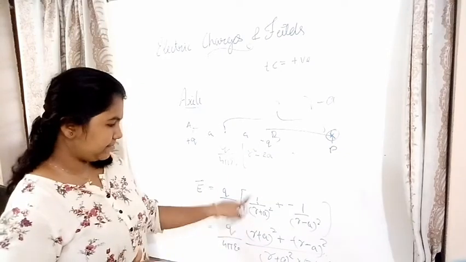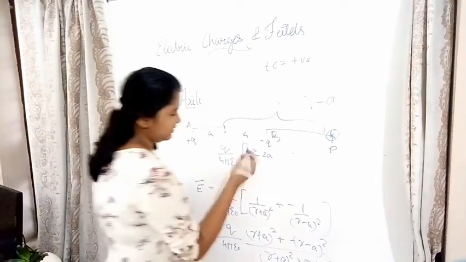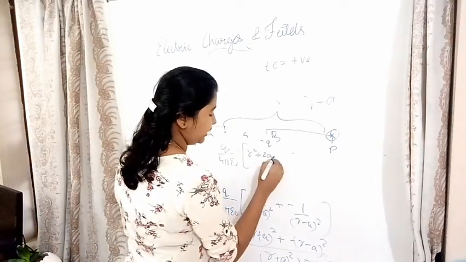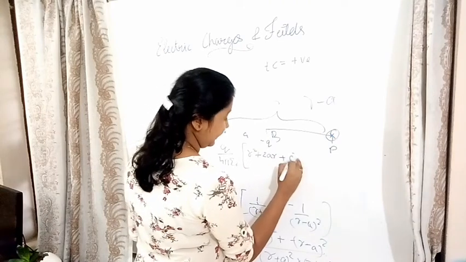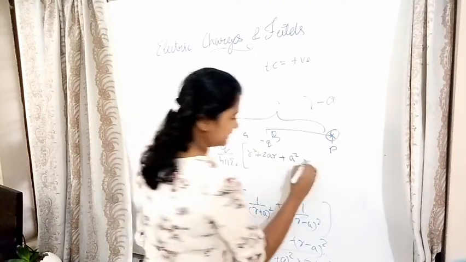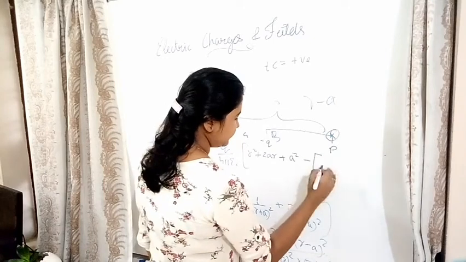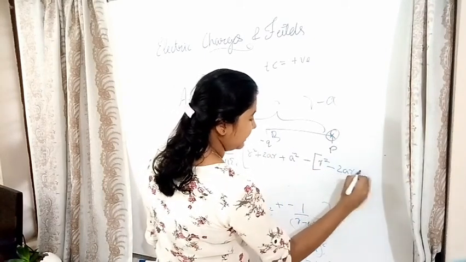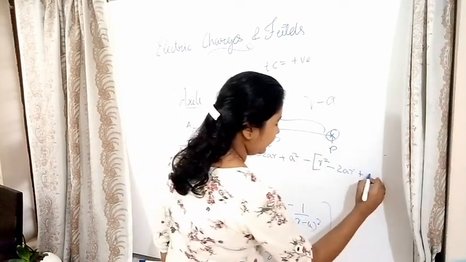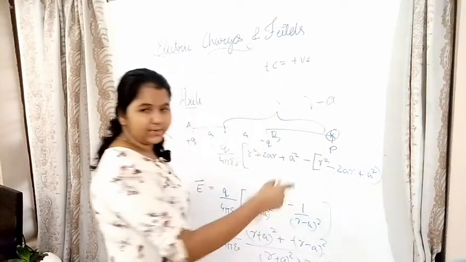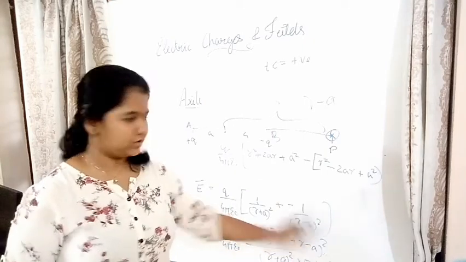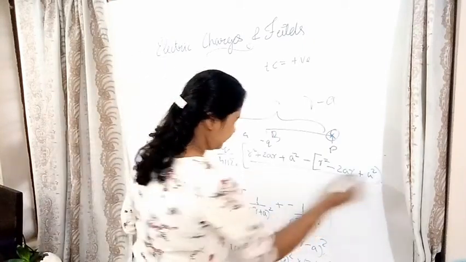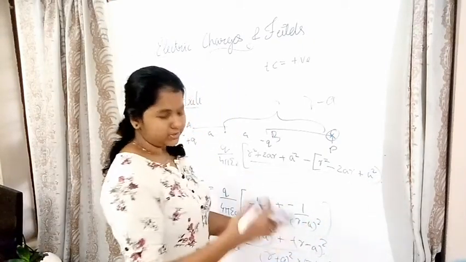So we'll write it as r square plus 2ar plus a square, and this is minus r square minus 2ar plus a square, divided by (r plus a) the whole square into (r minus a) the whole square.